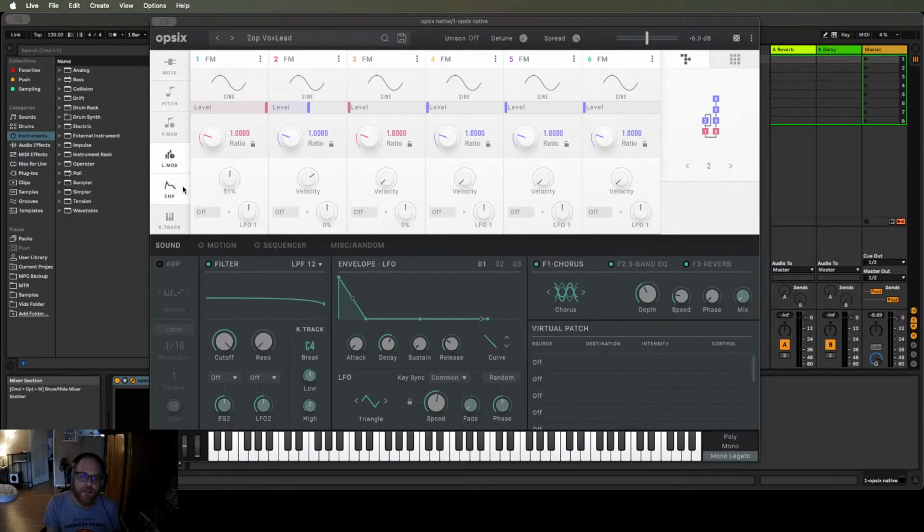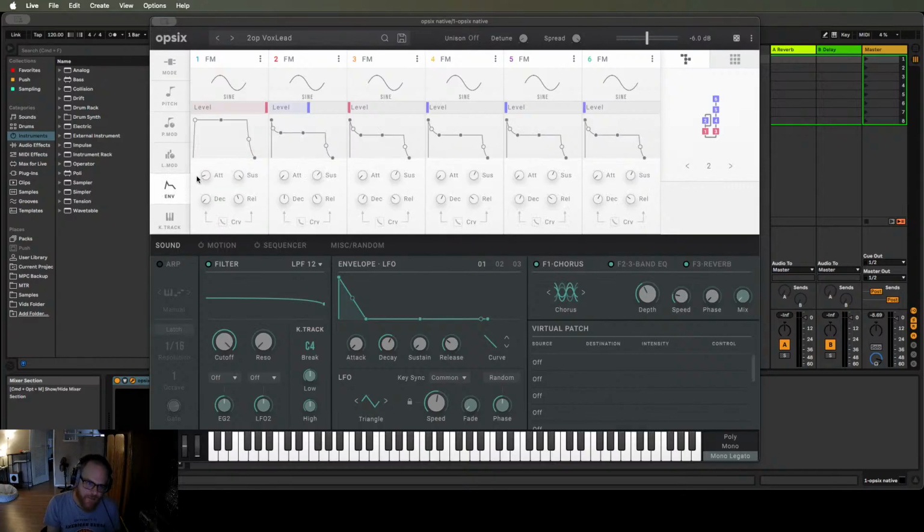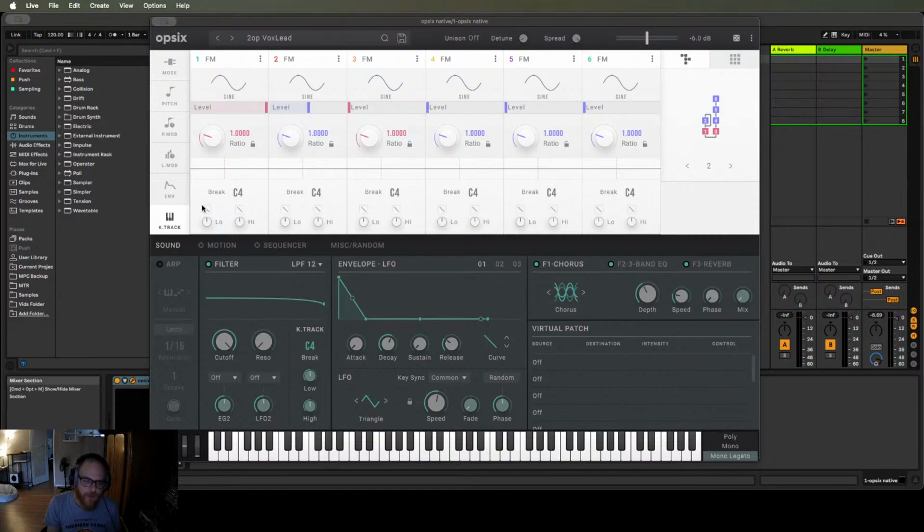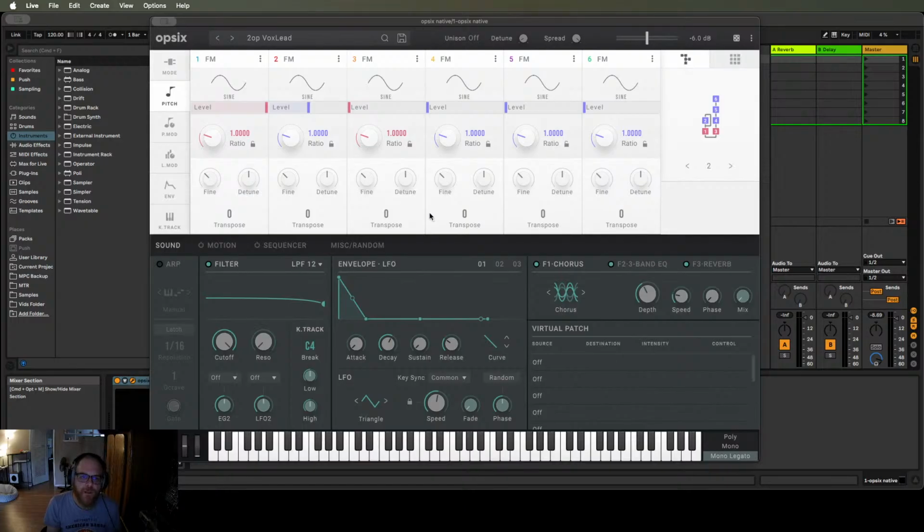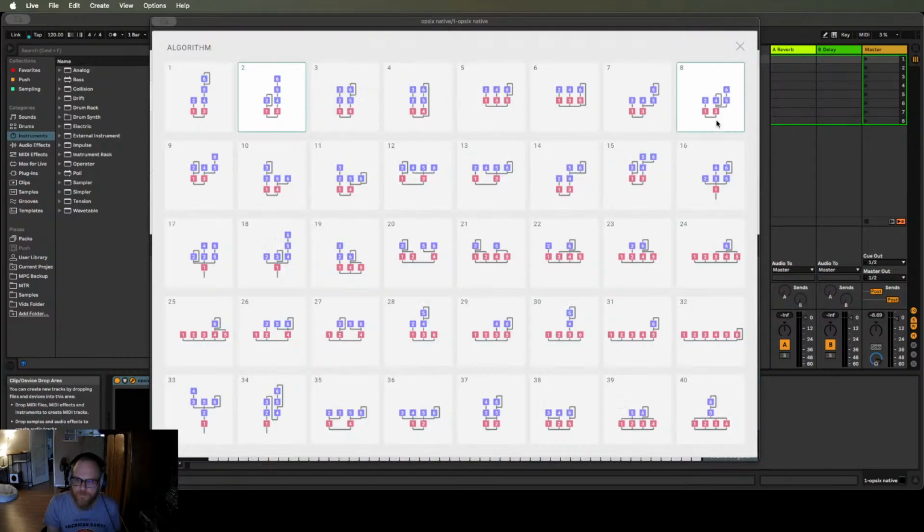To get the most out of any synthesis method, but especially FM, you really got to look at the performance related and control related options. And again, imagine this oscillator stack, where 1 and 2 just play essentially a saw wave.